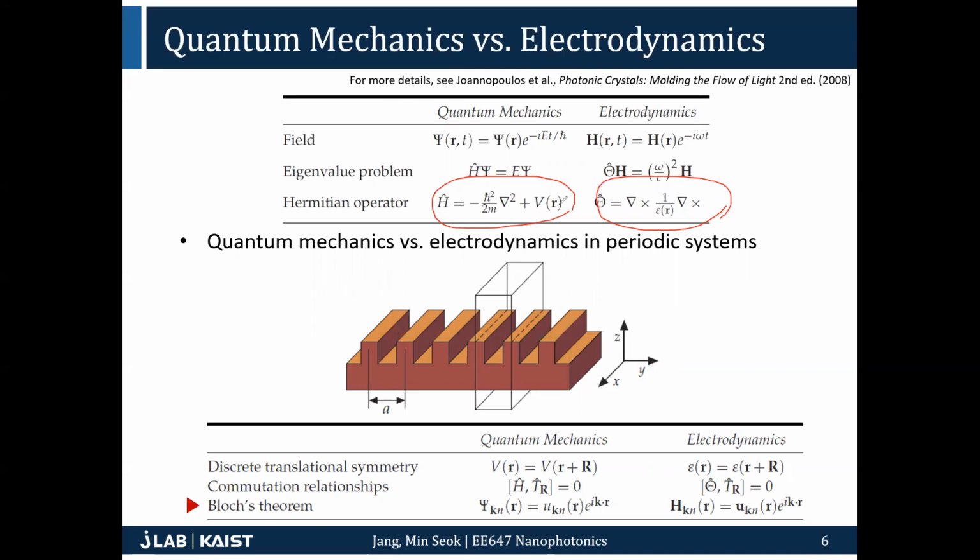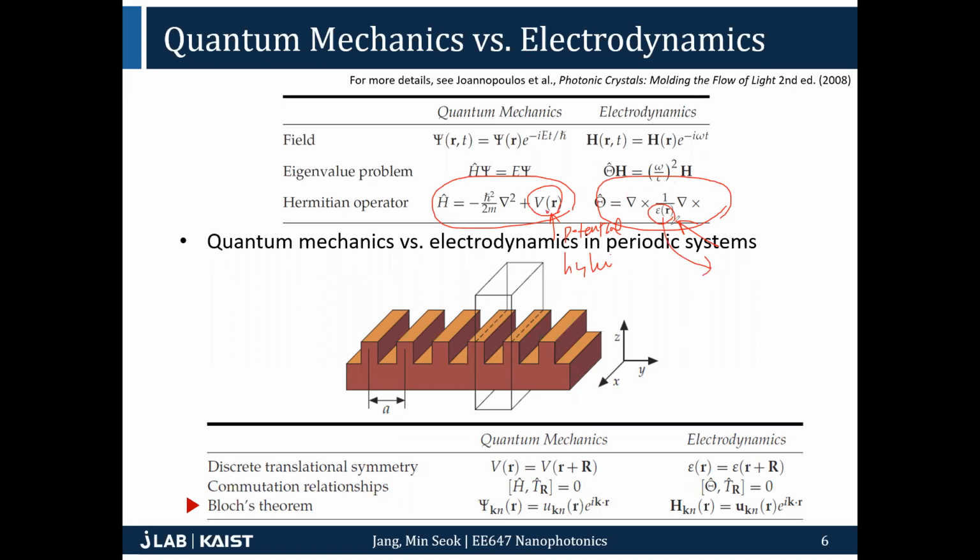And you can see here, V(r) is the electric potential, right? Whereas we have 1 over epsilon in this operator. So it's not an exact one-to-one match, but you can imagine that high potential means low permittivity, right?